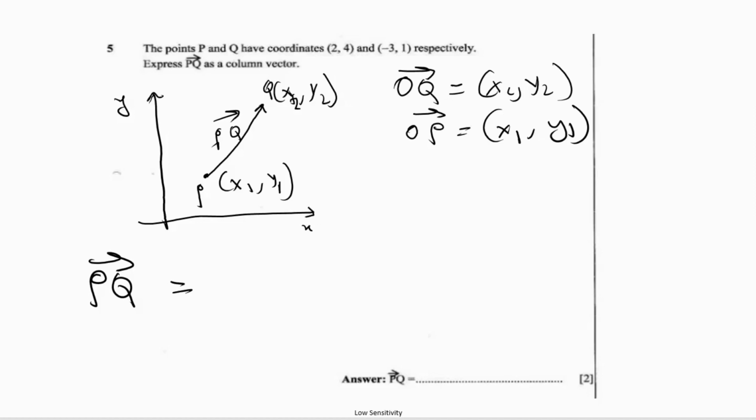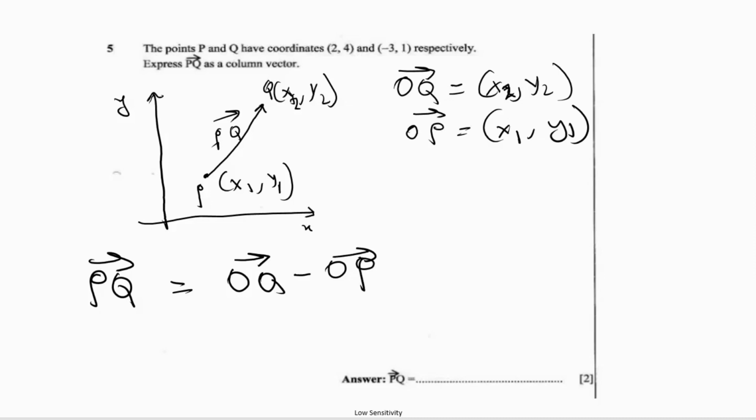So if we have these position vectors OQ and OP, in order for us to get PQ, we need to subtract OP from OQ, right?